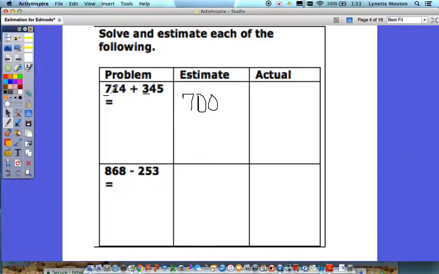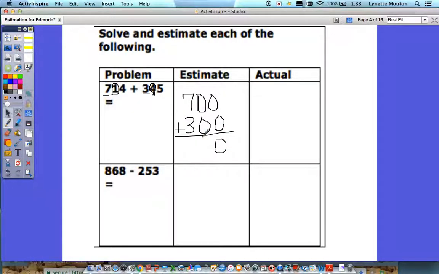And this one here, remember looking at that two-digit number, 71 rounds to 70, and we just put that 0 at the end. 345, 34 rounds to 30. And excuse my writing, it's a little more difficult to write with the mouse pad. And then we would just put the 0 at the end to make it 300. Line it up.